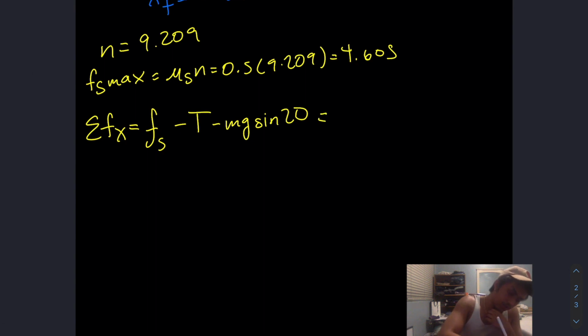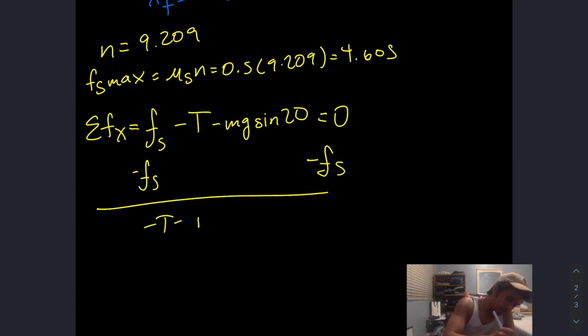And this should equal 0. Then I'm going to solve for Fs, getting it by itself. So minus T minus mg sine 20 equals the static friction.